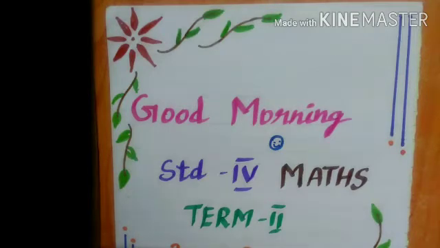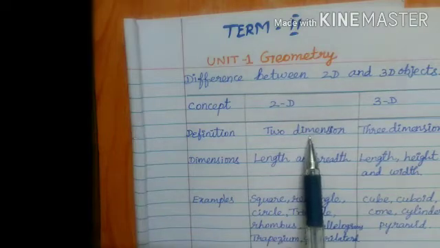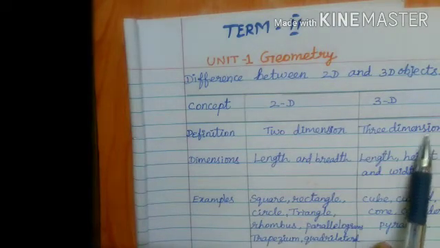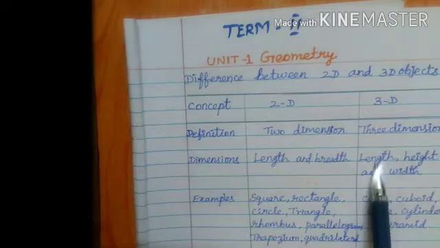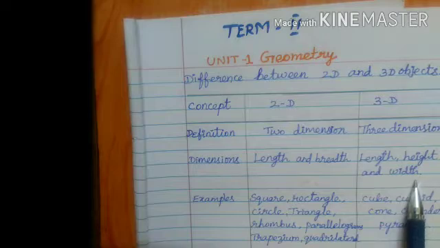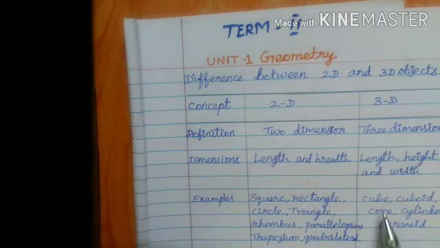Differentiate the 2D and 3D shapes. 2D shapes have 2 dimensions, and 3D shapes have 3 dimensions. Dimensions are length, breadth, and height. Examples of 2D shapes: square, rectangle, circle, triangle, rhombus, parallelogram, trapezium, quadrilateral. Examples of 3D shapes: cube, cuboid, cone, cylinder, pyramid.